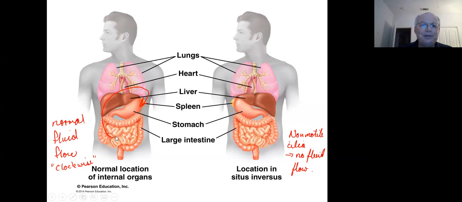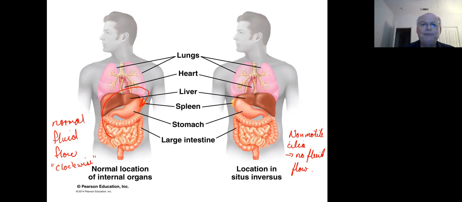In the absence of this leftwards movement of the fluid in response to the motile cilia, the organs are rotated through 180 degrees. In terms of normal organ function, there's no difference. The individuals with situs inversus do not notice any difference in normal organ function.